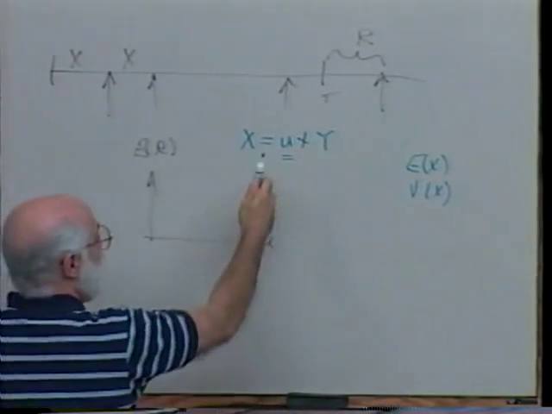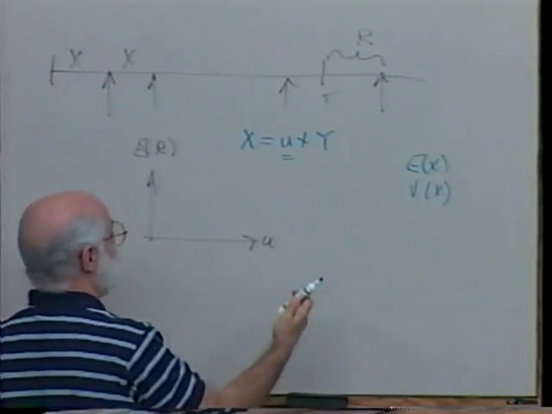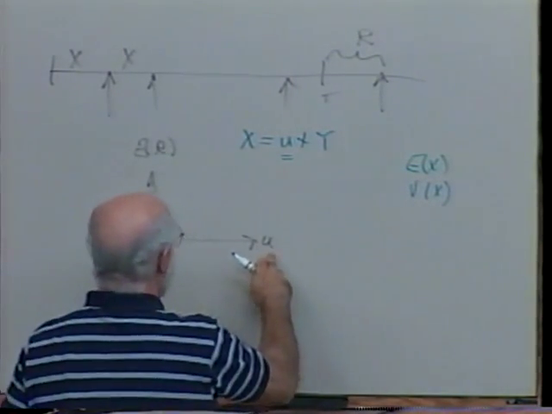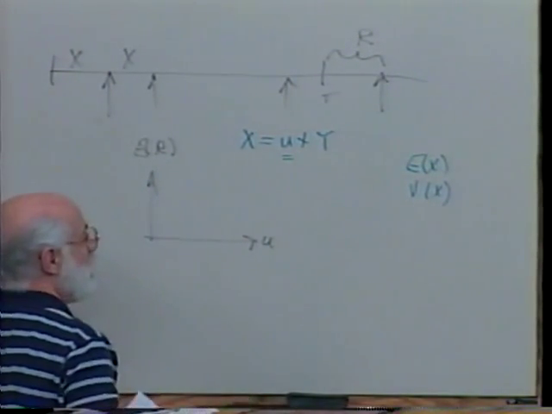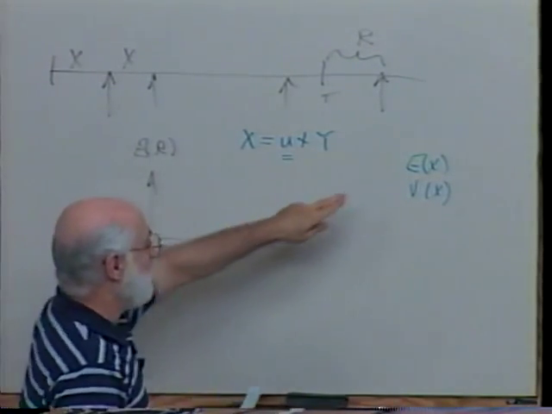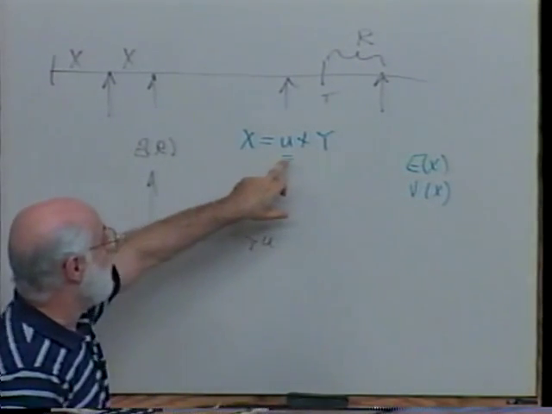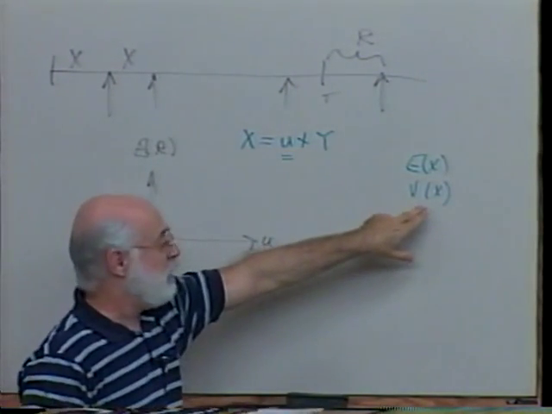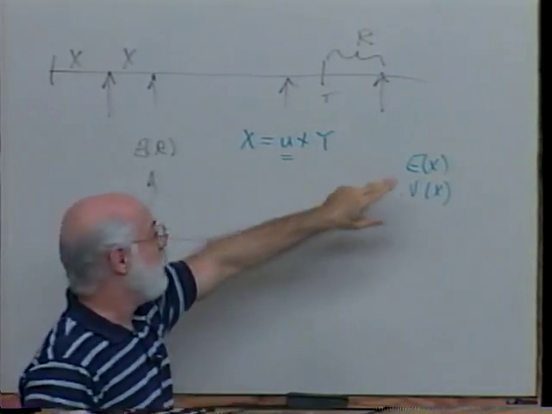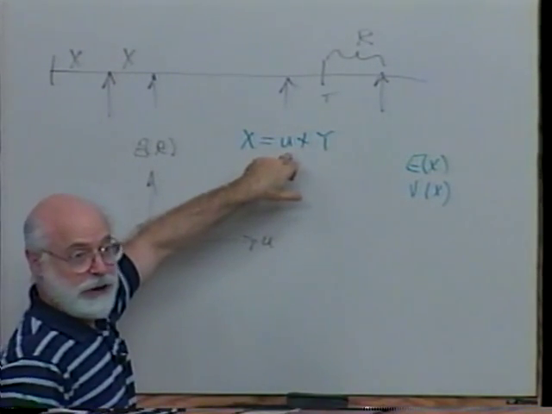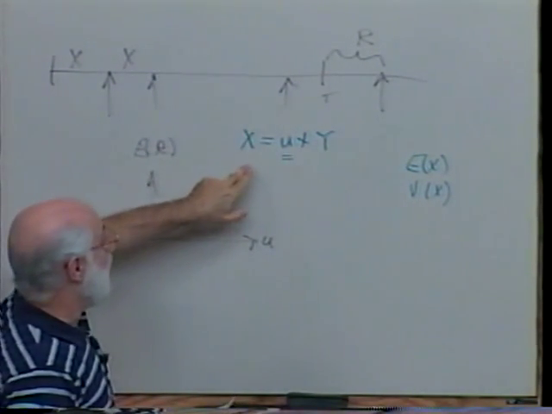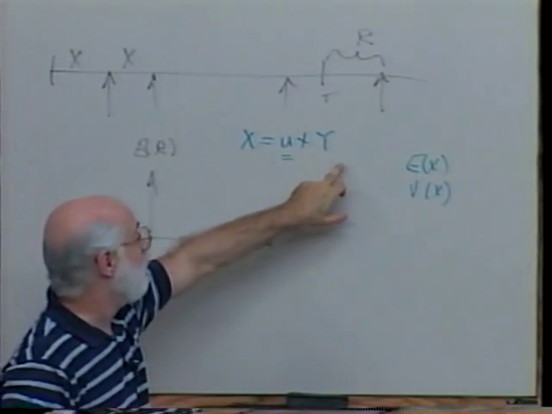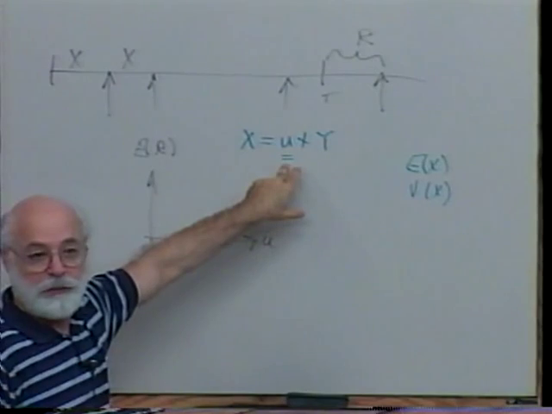For any given value of u, you get some value. Now, if you vary u from 0 on up, the expected value of x is a linear function of u. But the variance of x doesn't change, because the variance of a sum is the sum of the variances, and the variance of a constant is 0.